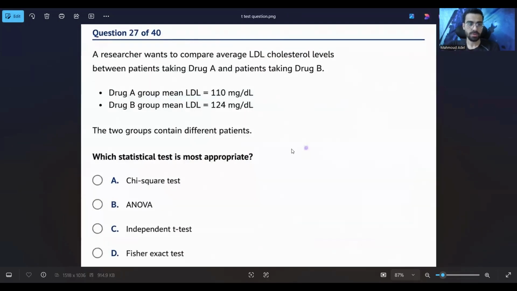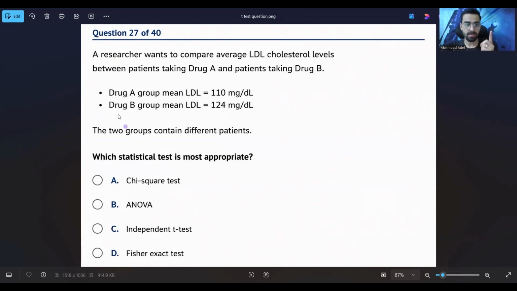Let's see this question. A researcher wants to compare average LDL cholesterol levels between patients taking drug A and patients taking drug B. Drug A group mean LDL is 110 and drug B group mean LDL is 124. Number one step is finding your variables.